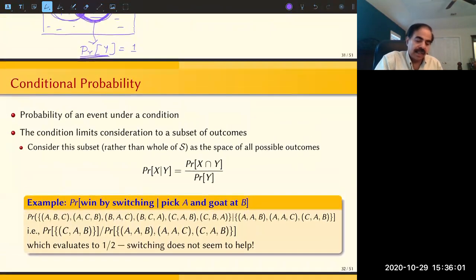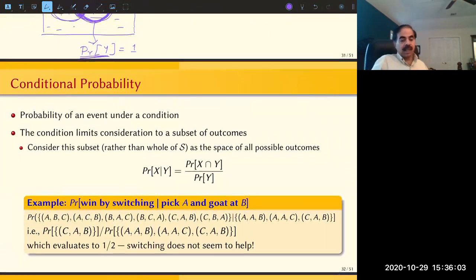So let's take an example. Let's go back to our game, the game show. Although we analyzed the game show, we didn't quite answer why there is this confusion that we have.